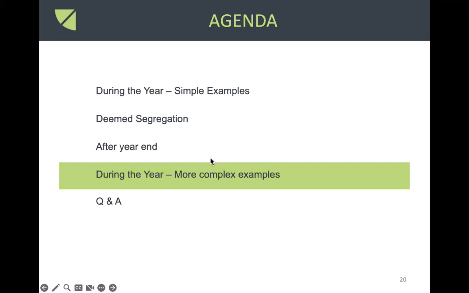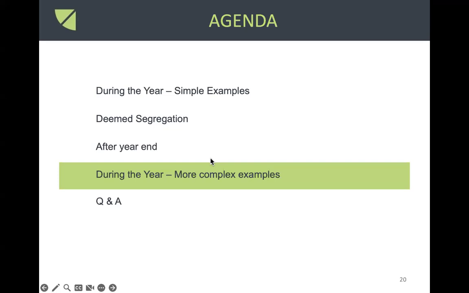And the ATO has said that if the contribution comes in and the pension is started immediately, then if the assets were already segregated because there wasn't another member with an accumulation balance, the assets will remain segregated. In which case, of course, you don't need an actuarial certificate.